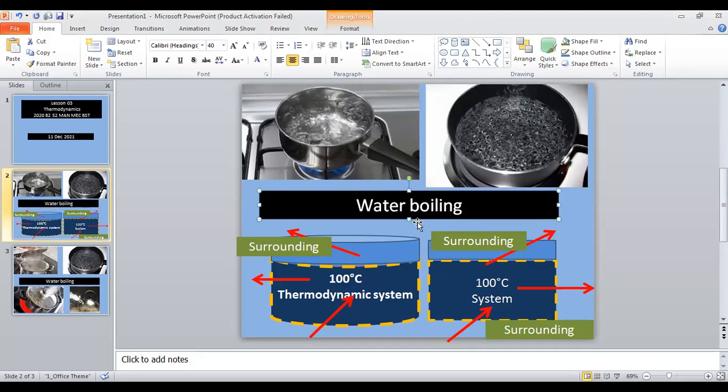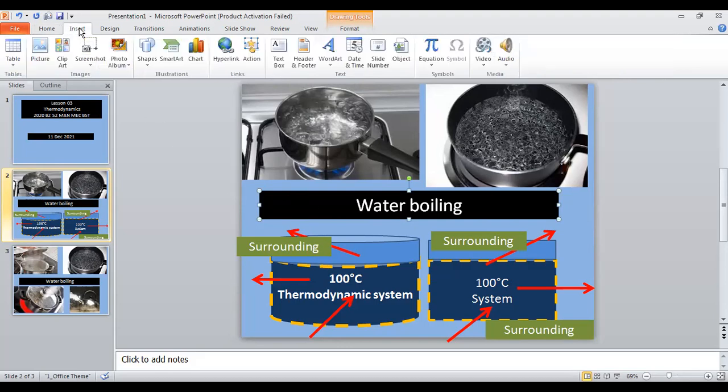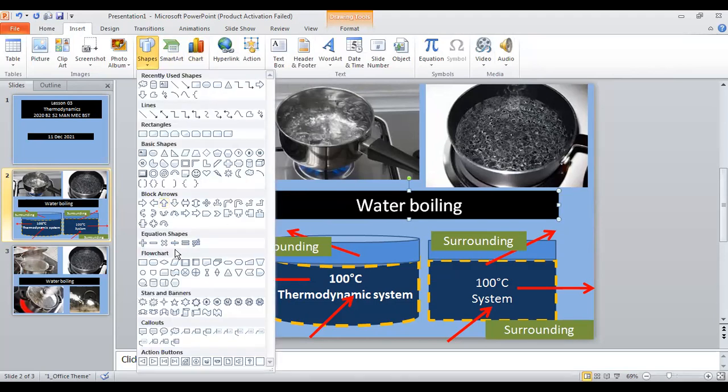Evaporating water turns to steam and goes into the surrounding. It's an interaction. So the system is losing its mass. Just recognize this. So there is a mass transfer as well.